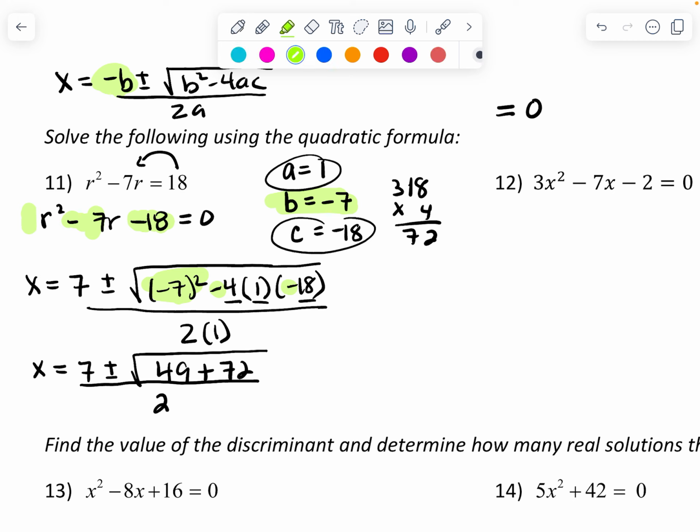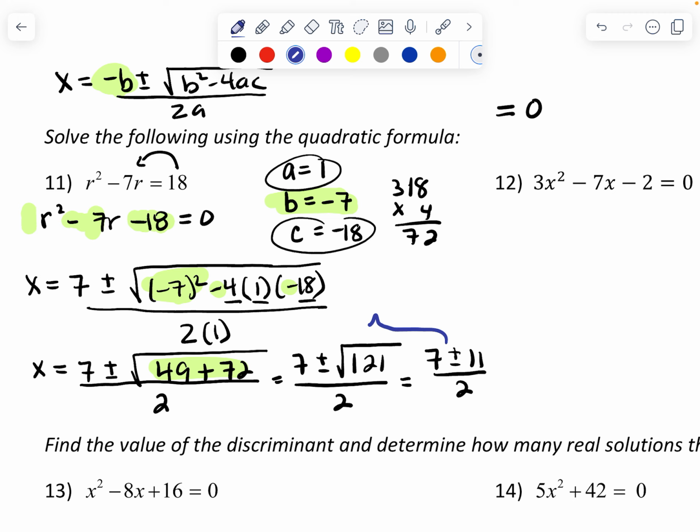Now, let's keep simplifying. What's 49 plus 72? Well, if I add that up, 7 plus or minus the square root of, I think that's 121. Ooh, that comes out nice. Okay, because what is the square root of 121? The square root of 121 is 11. So this is 7 plus or minus 11 over 2. Now look, it came out pretty. That means I need to look at two different things, right? Let me do a different color.